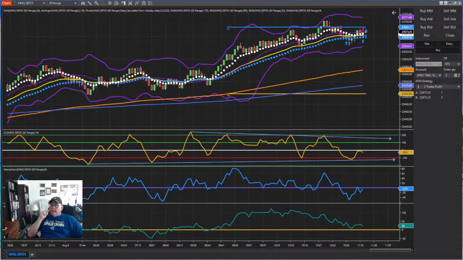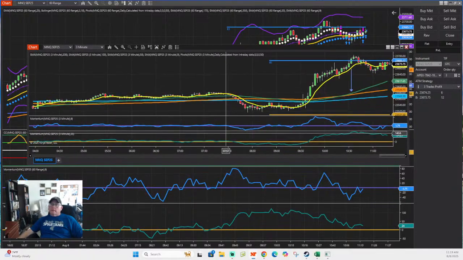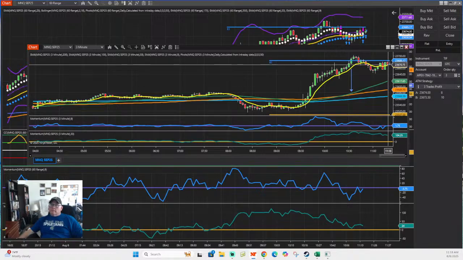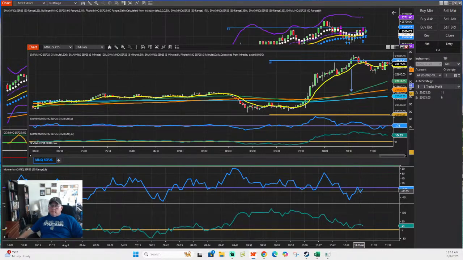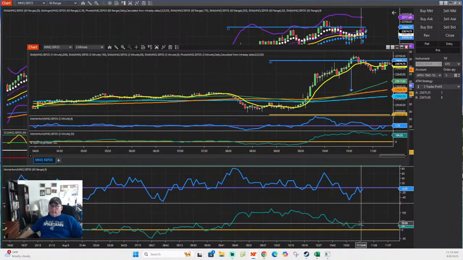Not much of opportunity today. So we have a red bar. Nine EMAs holding. Below 100, still holding above 100. I mean 0. This is holding above 0, and this is holding above 0.